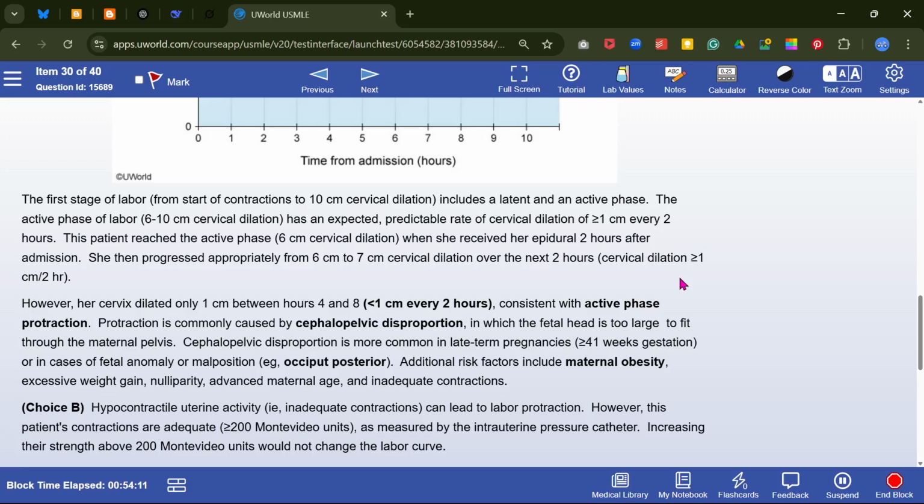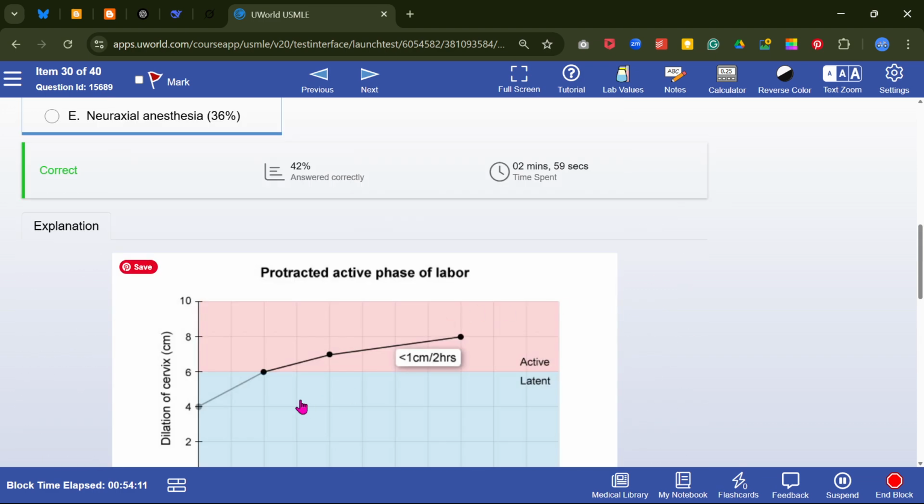This patient reached active phase at 6 centimeters when she received her epidural 2 hours after admission. She then progressed appropriately from 6 to 7 centimeters over the next 2 hours, 1 centimeter per 2 hours.